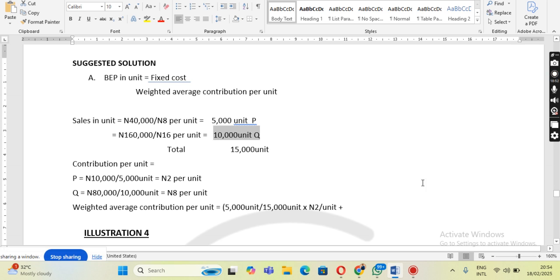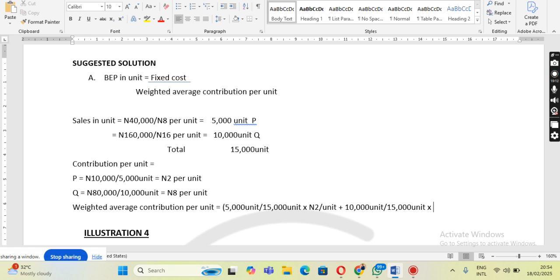So what is the mix there? You will still do 10,000 units divided by the total, which is 15,000 units, so that you get the mix. Now times, what is the contribution per unit for Q?